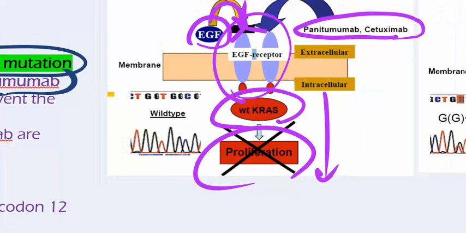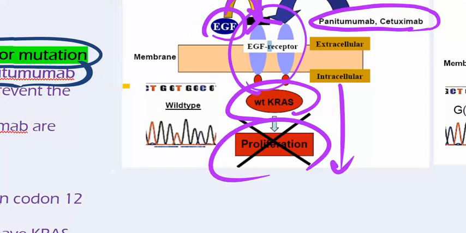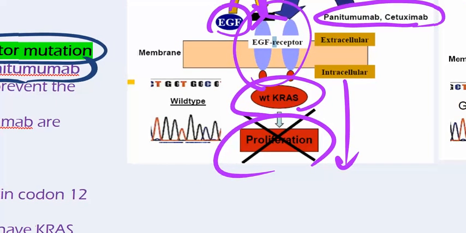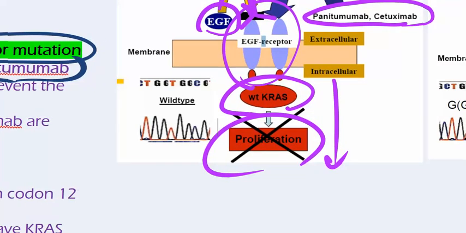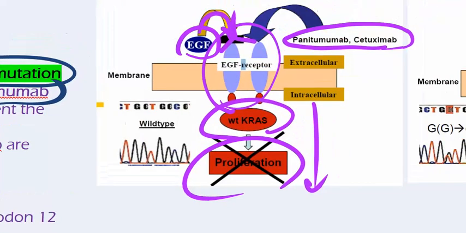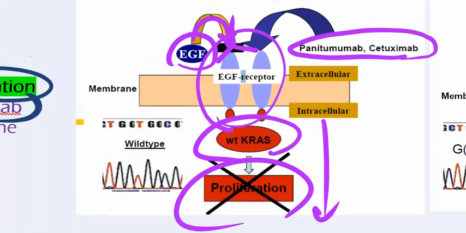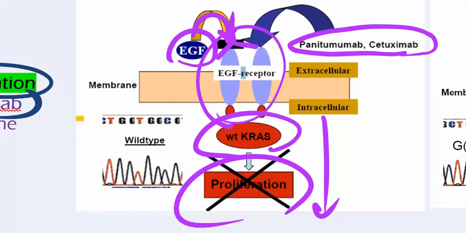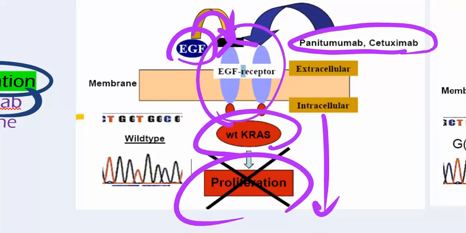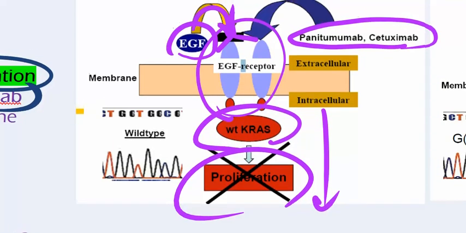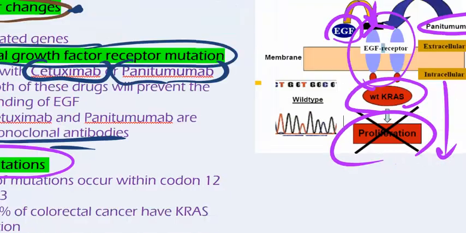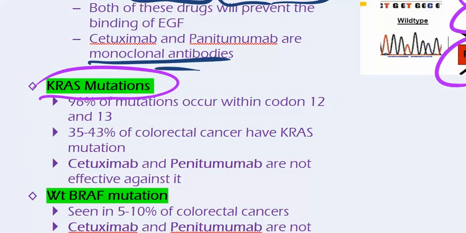So for some reason, KRAS is in its active form, and thereby it can act autonomously. It does not need to be prodded by the epidermal growth factor receptor to be active. It's already active. It's its own boss. You know what I mean?